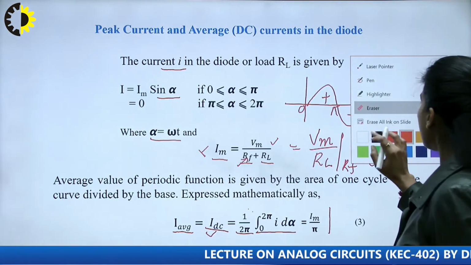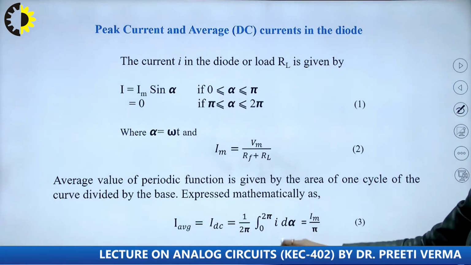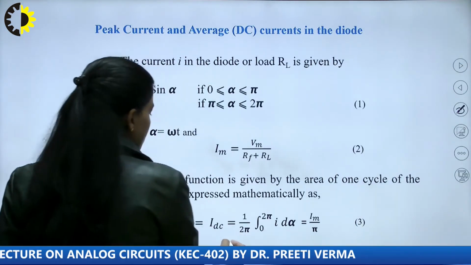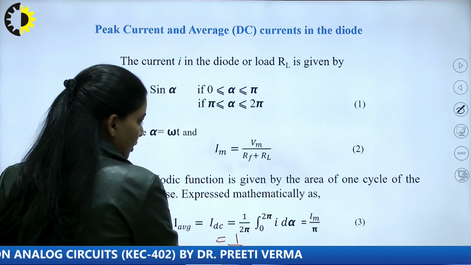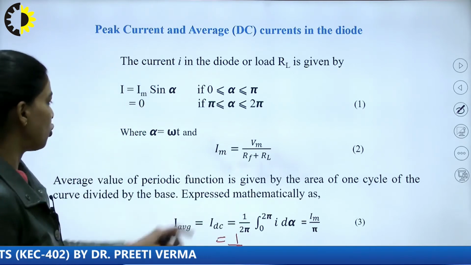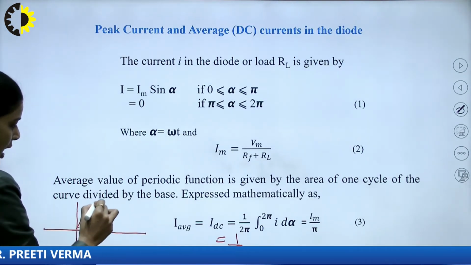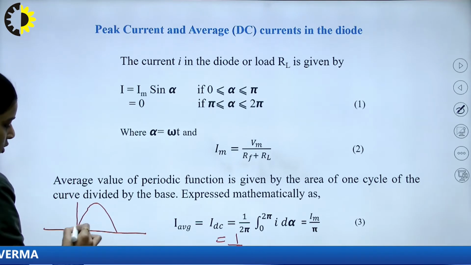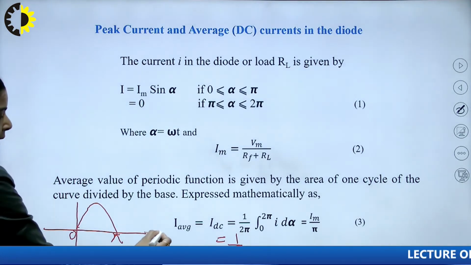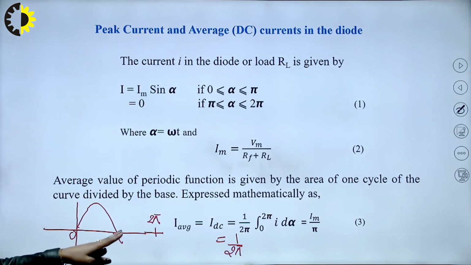So, how can we get this expression? We can simply integrate 1 upon 2 pi, and we have seen that the output for the half wave rectifier exists for half of the cycle. That half cycle is 0 to pi. From pi to 2 pi we do not have the output.